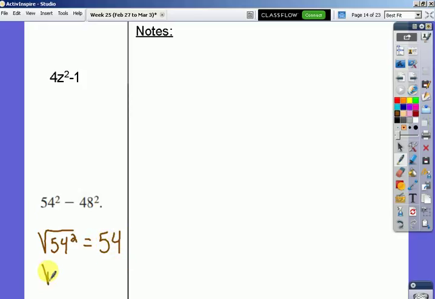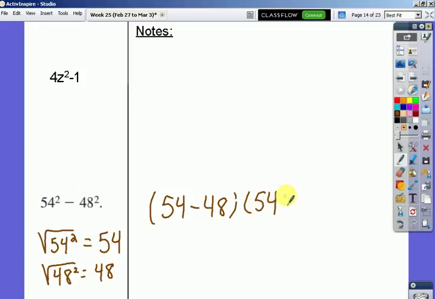What happens if I take the square root of 48 squared? What do I get? 48. So the shorthand of this would be 54 minus 48 times 54 plus 48.